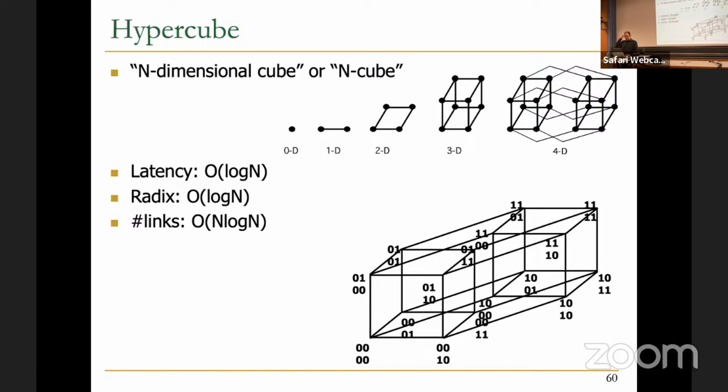3 hops in 3D, right? Exactly. But how can you imagine it in n dimensions? Why is it n? The number of nodes is always 2 to the power n. When you talk about your hypercube as an n-cube, it means that it connects 2 to the power n nodes.